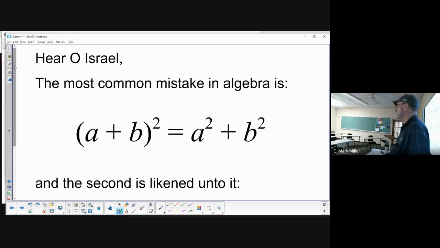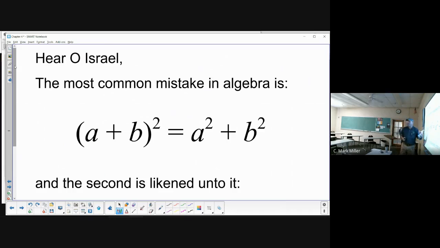Very common mistake. Hear, O Israel, the Lord our God is one. The most common mistake in algebra is, I've shown this to a lot of algebra teachers, and I've had nobody tell me that there's a more common one.